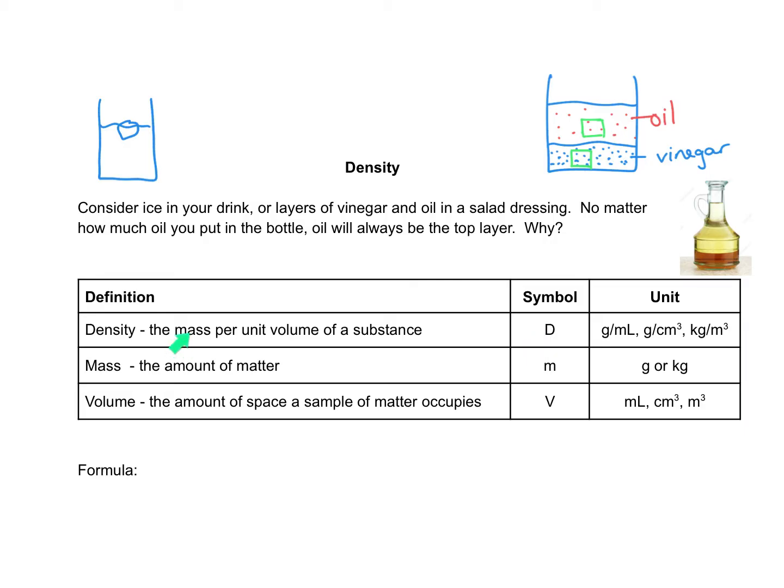So 2 terms have been mentioned in this definition, mass and volume. So what is mass? Well, at its very basic, we can think of it simply as the amount of matter. We represent it with a lowercase m, and it's measured in grams or kilograms. The concept of mass is most commonly used in everyday language as how much something weighs.